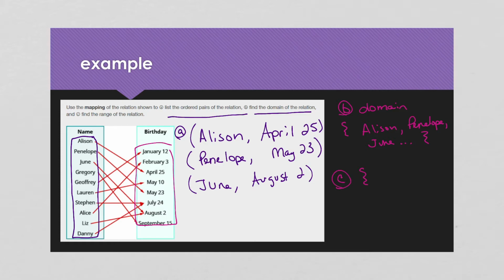You can list it just once. That's fine. You do not have to list it twice if there is more than one, okay? So, but nonetheless, you would list January 12th, you would list February 3rd, April 25th, and so on. But again, the ones that have 2, you do not have to list them twice.